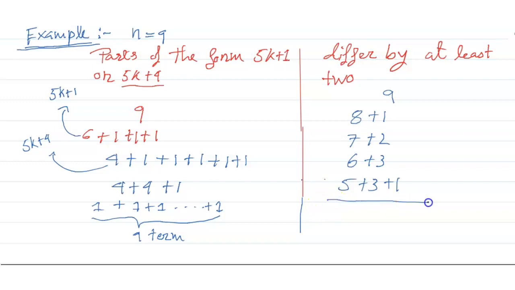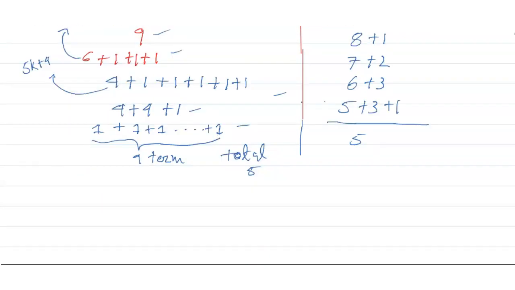So the total is 5, and you will get 1, 2, 3, 4, 5. So we see that this theorem is correct. Now friends, it can also be proved by generating functions.